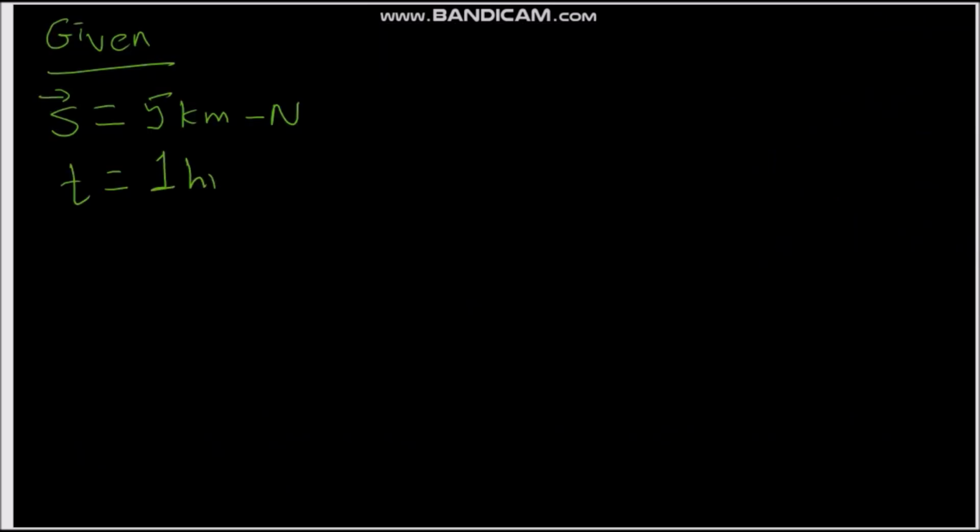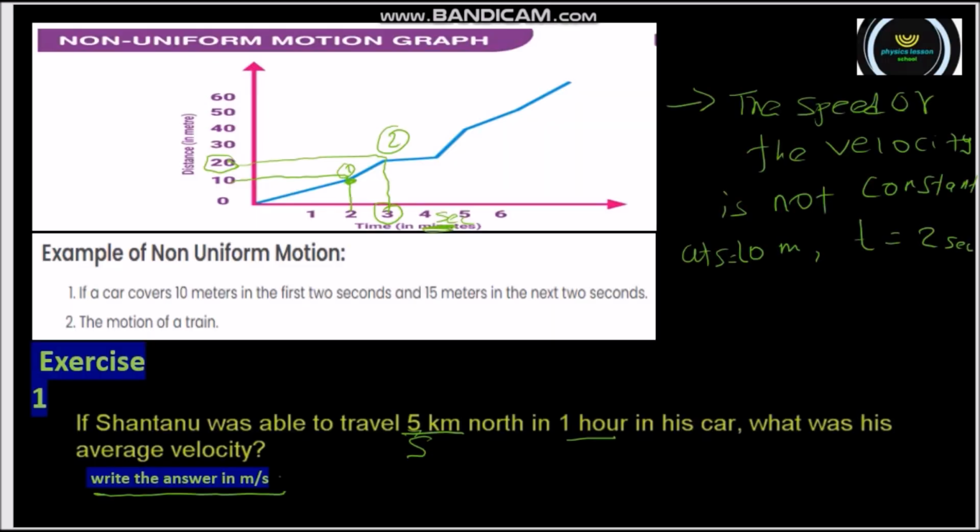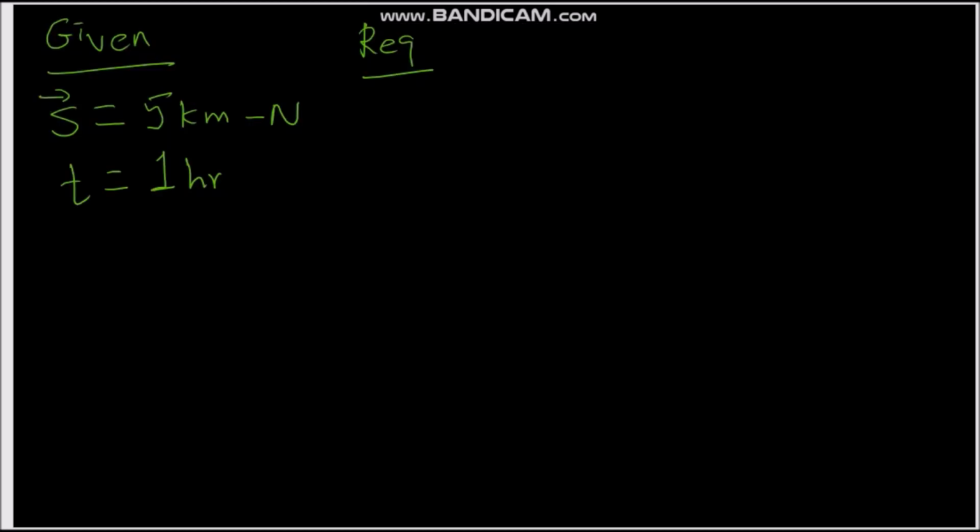What's required? What was his average velocity? Write the answer in meters per second. Required: the average velocity in meters per second. Let us write the solution.